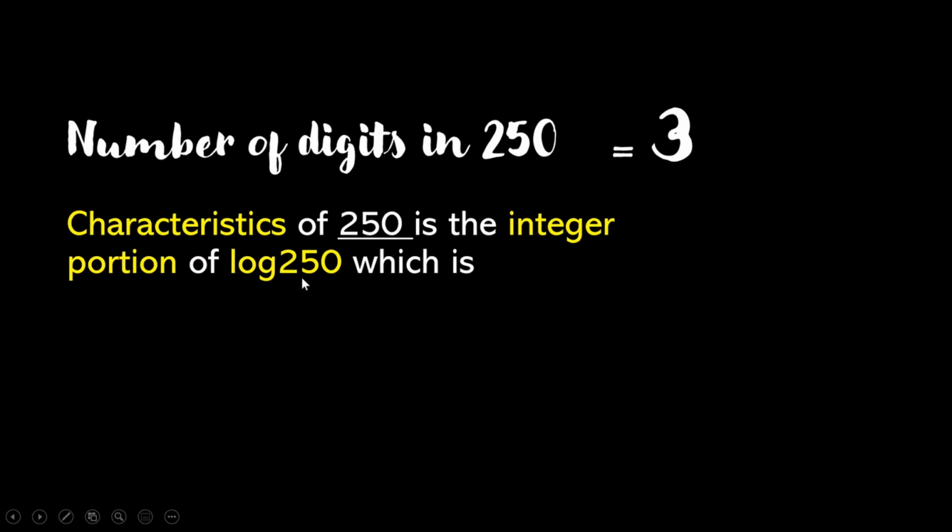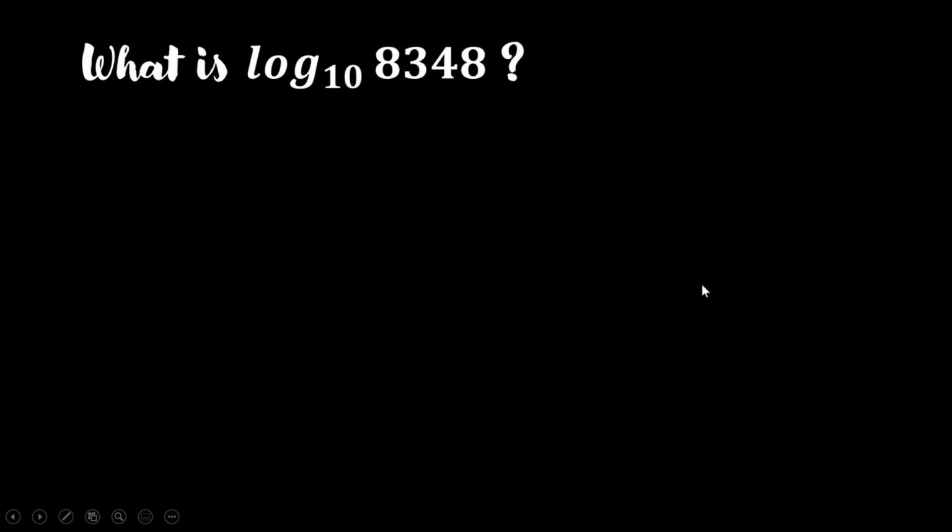And the characteristic of 250 is the integer portion of log 250, which we already discovered is 2. So if the number of digits is 3, then we get the characteristic value as 2. Okay, now just remember this fact.